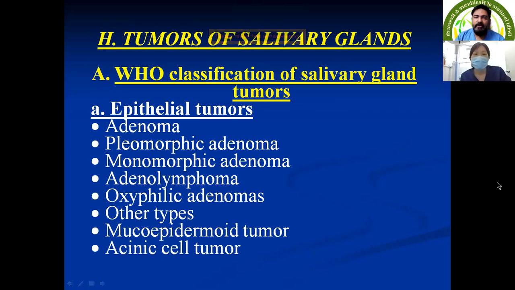Then we come to the tumors of salivary glands. There are epithelial tumors such as adenoma, pleomorphic adenoma, monomorphic adenoma, adenolymphoma, oxyphilic adenomas, and others such as mucoepidermoid or eosinophil tumors.